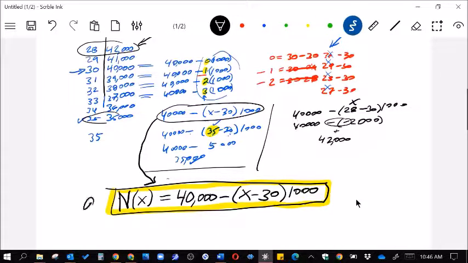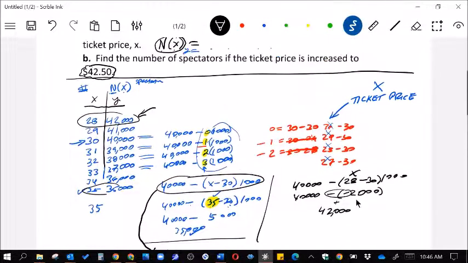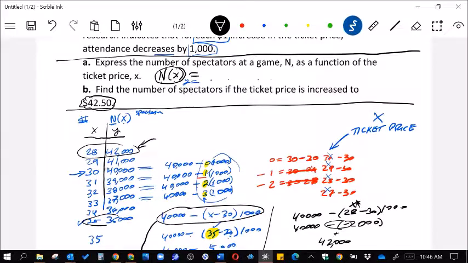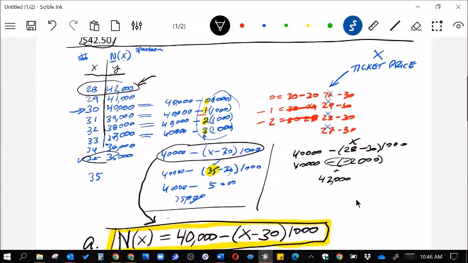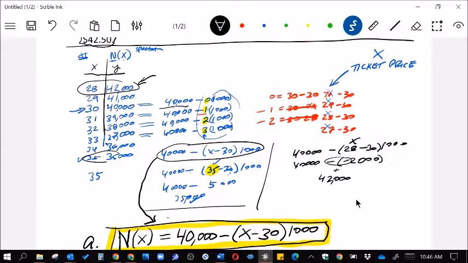Now, let's review that. What I had to do here was to set this up so I could see that what was happening was 40,000 take away 0 times 1,000, or 40,000 take away a $1 increase times 1,000, take away a $2 increase or a $3 increase, and then I rewrote those zeros in this kind of a format where it became x minus 30.